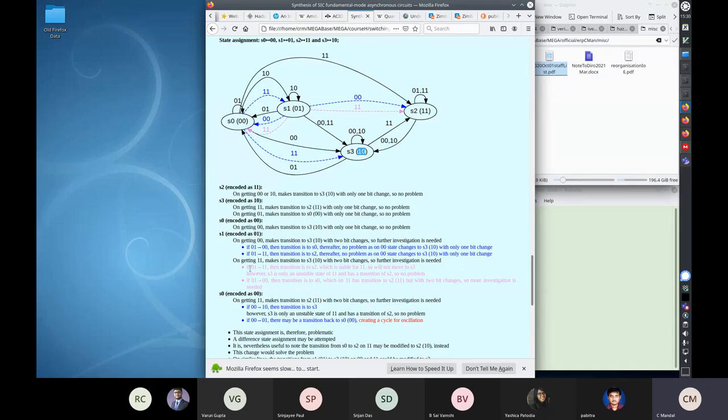Then the transition is to S2. Okay, we're just looking at this one first. So if 0 1 changes to 1 1, then the transition is to S2.